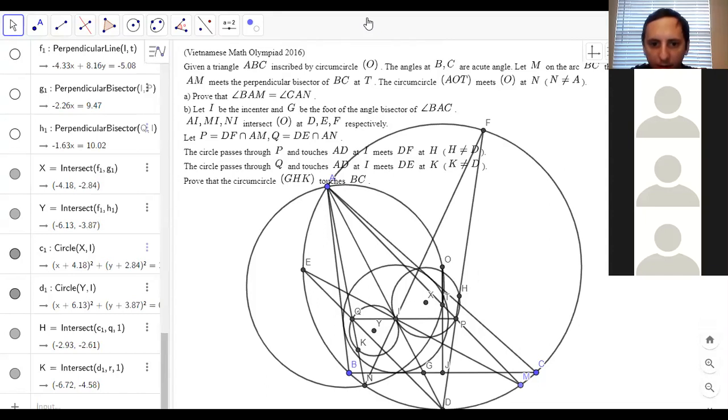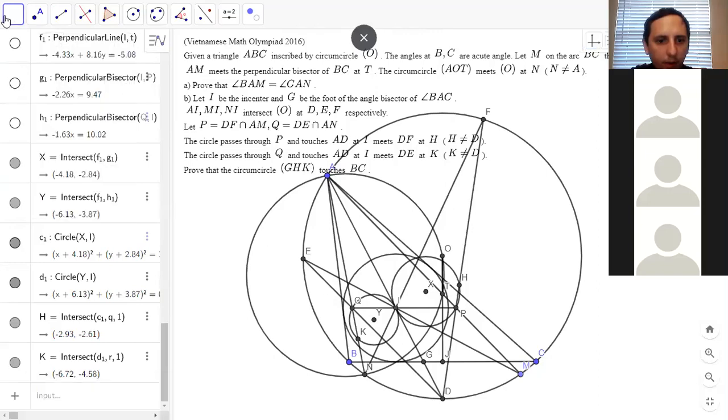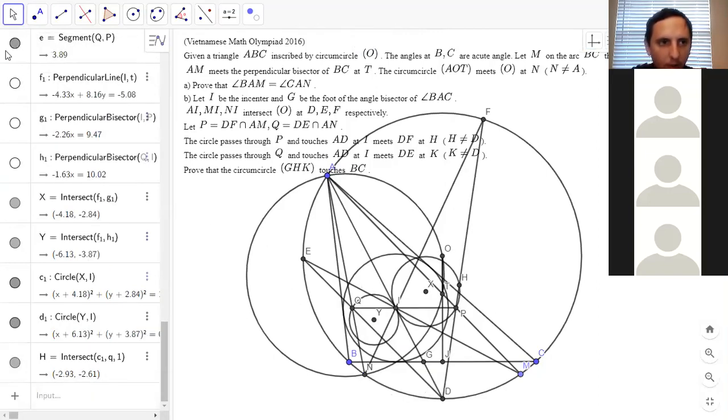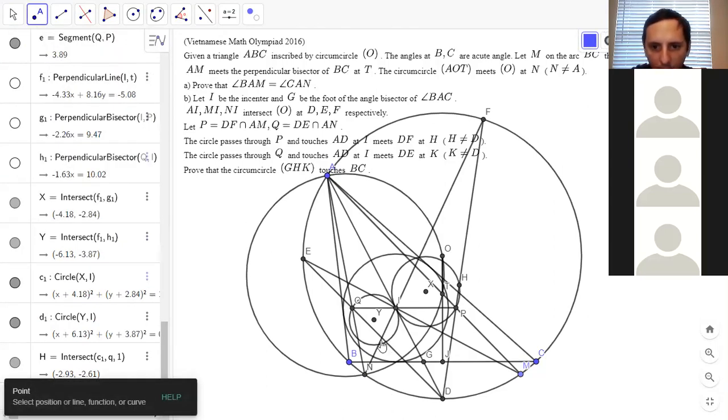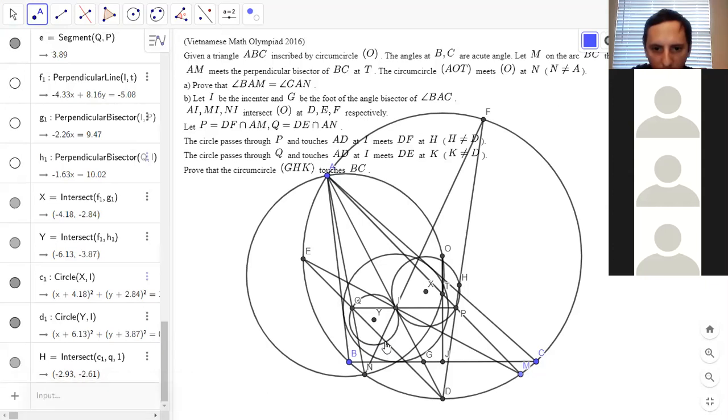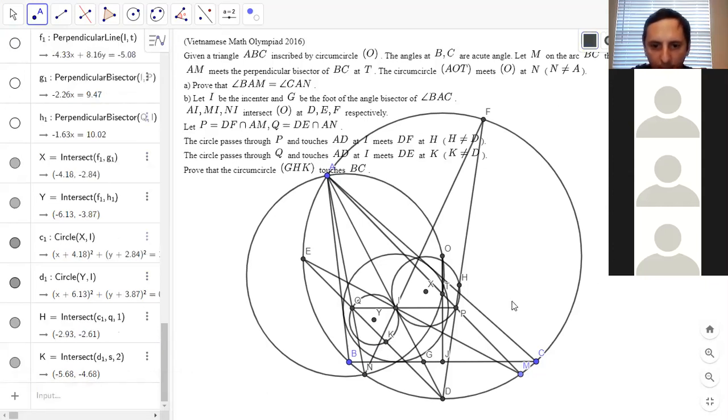That's not K, K is where the circle meets DE. Oh, you're right. So I can delete that point and I can call the other one K. There we go. So we want to show the circumcircle of GHK is tangent to BC.